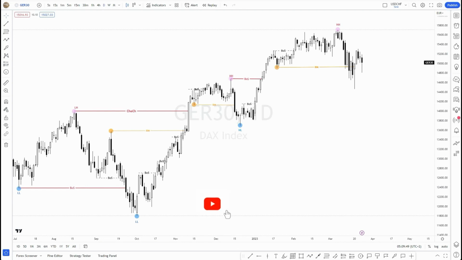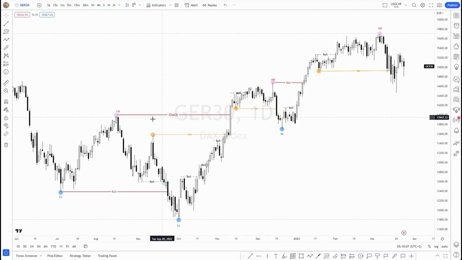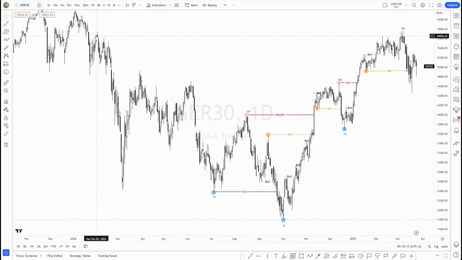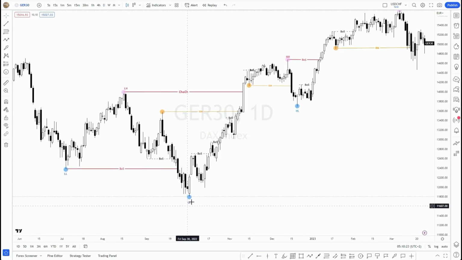Alright, before we start, let's learn how to look at the overall structure. Let's see from here. Do you see this chalk, which stands for a change of character or break of structure for the reversal? The market was in a downtrend before this break to the upside, and this was our last lower low.